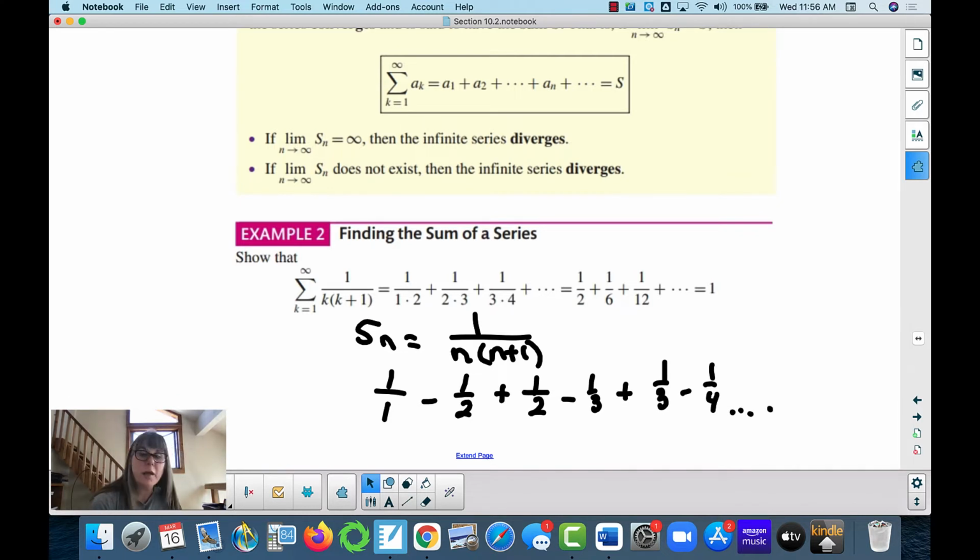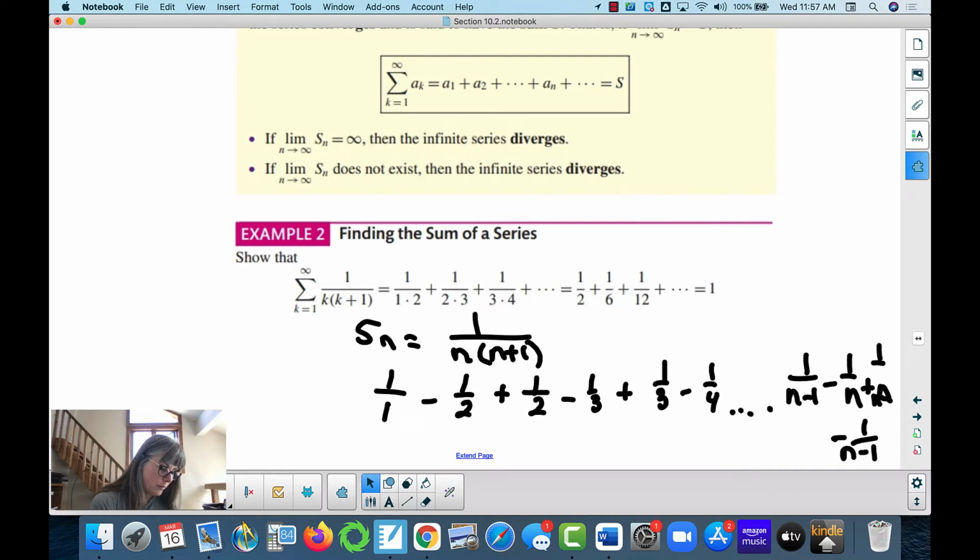And that keeps going until I get to 1 over n minus 1 minus 1 over n, and then plus 1 over n minus 1 over n plus 1.